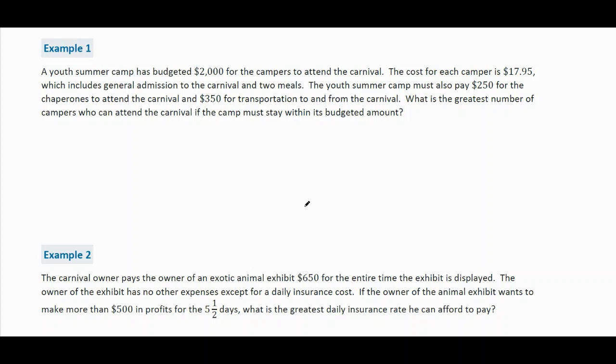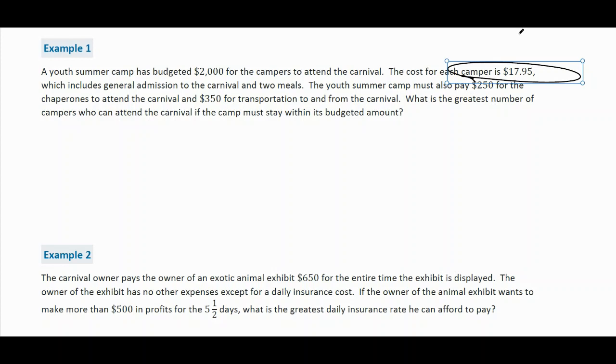All right, example number 1. A youth summer camp has budgeted $2,000 for the campers to attend the carnival. The cost for each camper is $17.95. So each camper needs to pay $17.95, which includes general admission to the carnival and 2 meals.